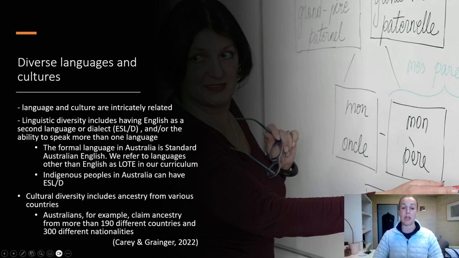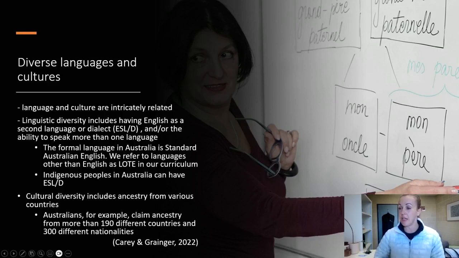So if you are learning, say, French or sign language at school, Auslan, we call that LOTE. And Indigenous people in Australia can and often do have ESLD as well, because they speak English as a second or additional language or dialect.